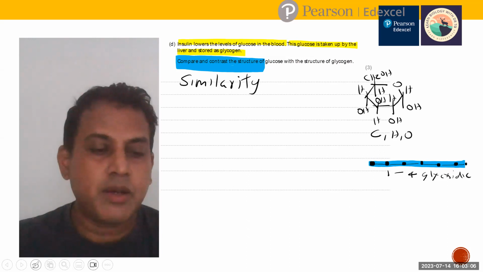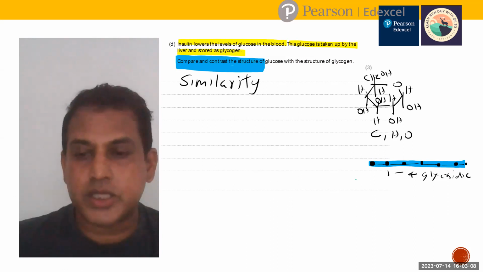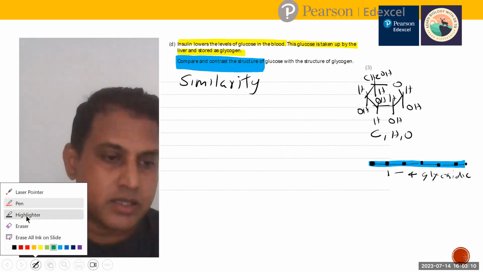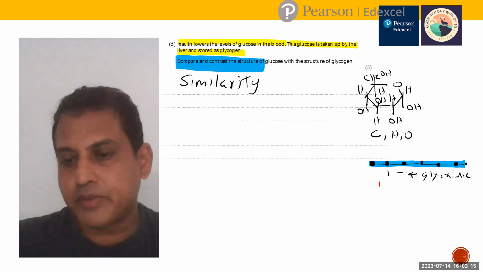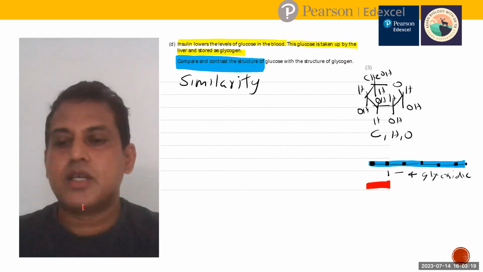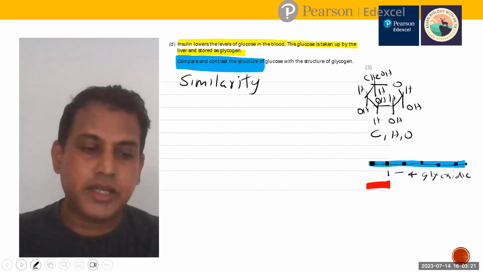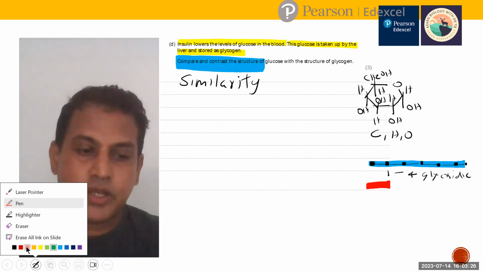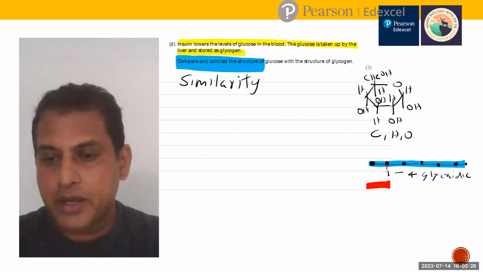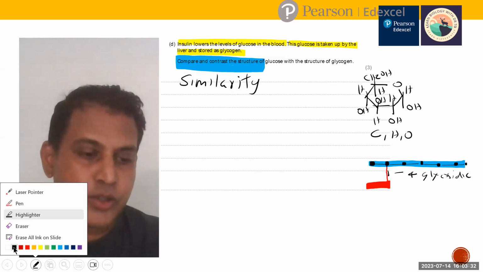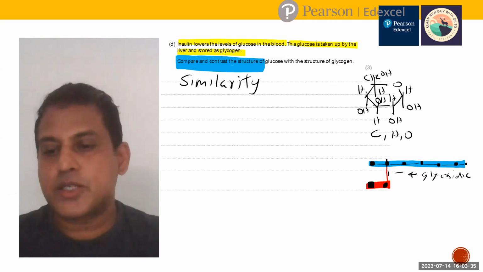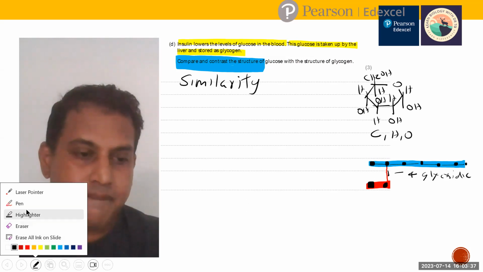And we can also find branches in glycogen. So branches are like this. I'm showing you one branch here. So this branch links again with a bond. This bond is a 1,6 glycosidic bond. So here again, I can show you the glucose molecule. So 1,6 glycosidic bond.